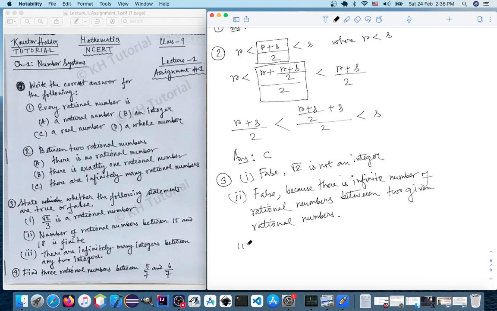Now statement 3: there are infinitely many integers between any two integers. This is false. If you remember from the number line, this is origin O, 0.